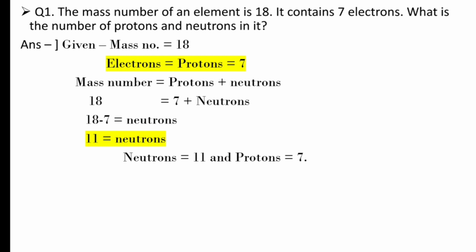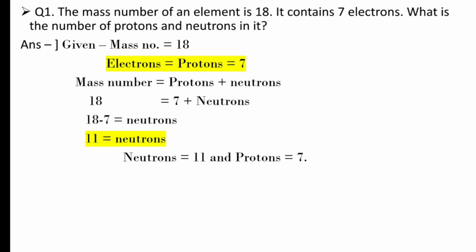Now here comes a question. The mass number of an element is 18. It contains 7 electrons. What is the number of protons and neutrons in it? First of all, we are given mass number equals 18 and electrons equals 7. We know electrons equal protons, so in this element there are 7 protons.